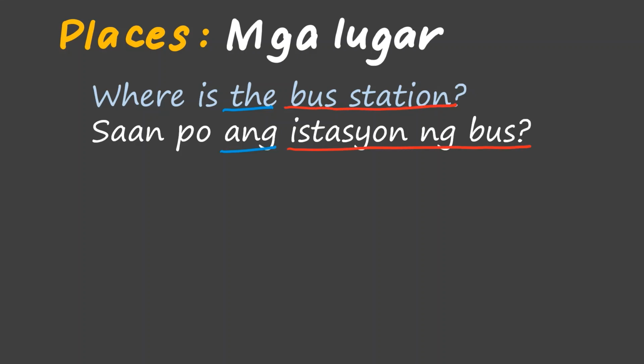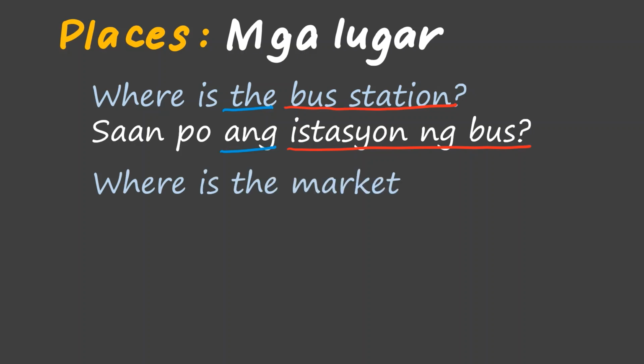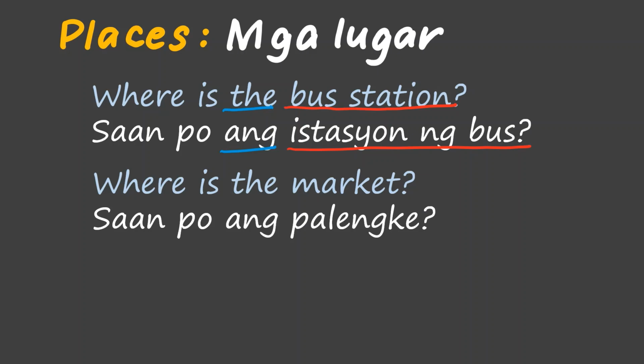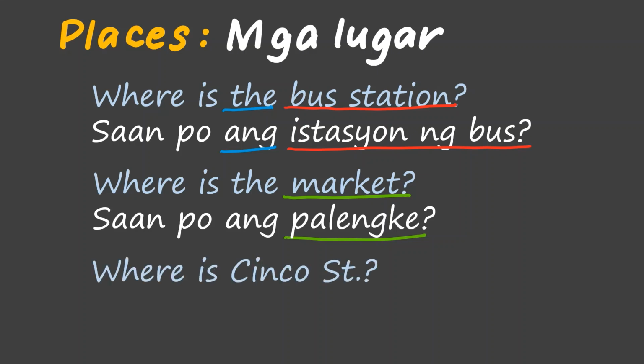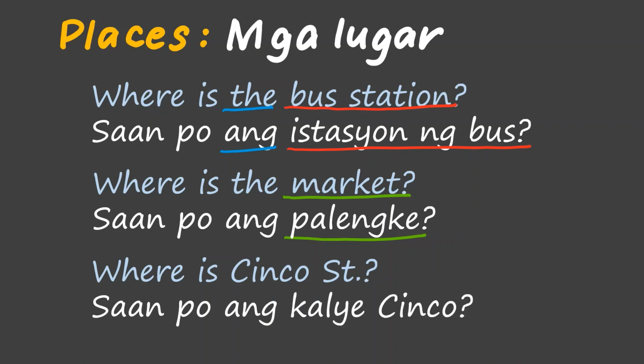Here is another example. Where is the market? Saan po ang palengke? Market, palengke. Here is a third example. Where is 5 Street? Saan po ang kalye 5? Street is kalye.